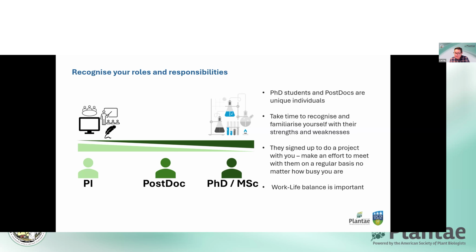A postdoc would be somewhere in between a PhD and a PI. I see a postdoc as a transition period: you finish the PhD, you're now doing a postdoc, and hopefully you will then transition to a PI at some stage. So they're a good interface between the PI and the student, and I cannot stress enough the importance of work-life balance here.